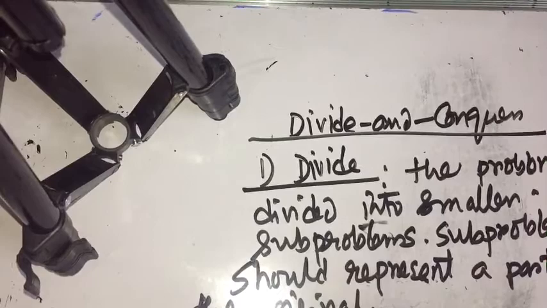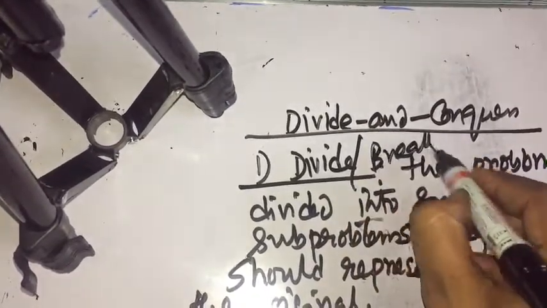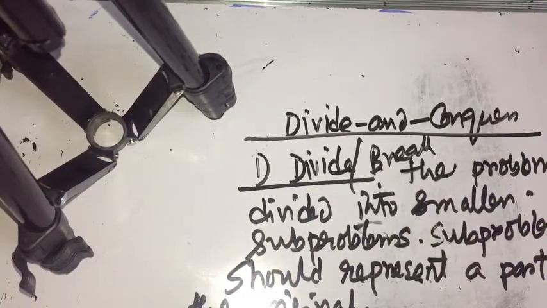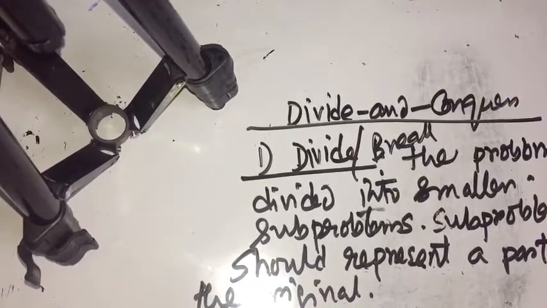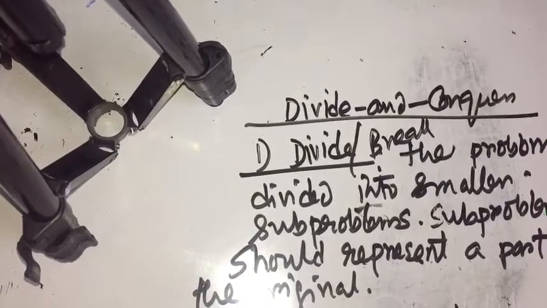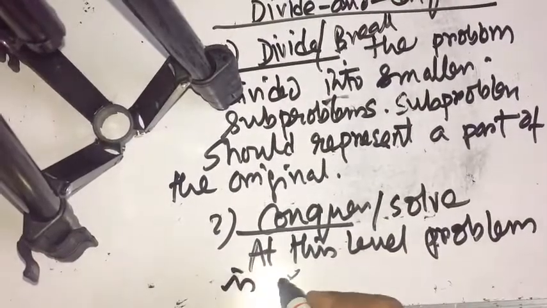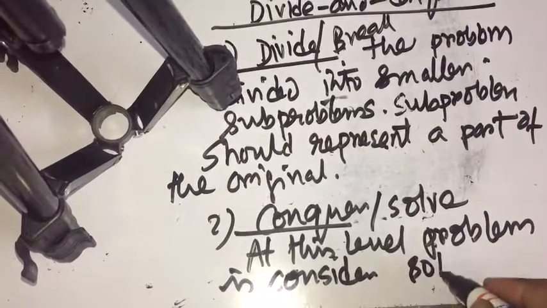Conquer means solve, divide means break. So we have to solve the problem on its own. At this level the problem is considered to be solved on its own.